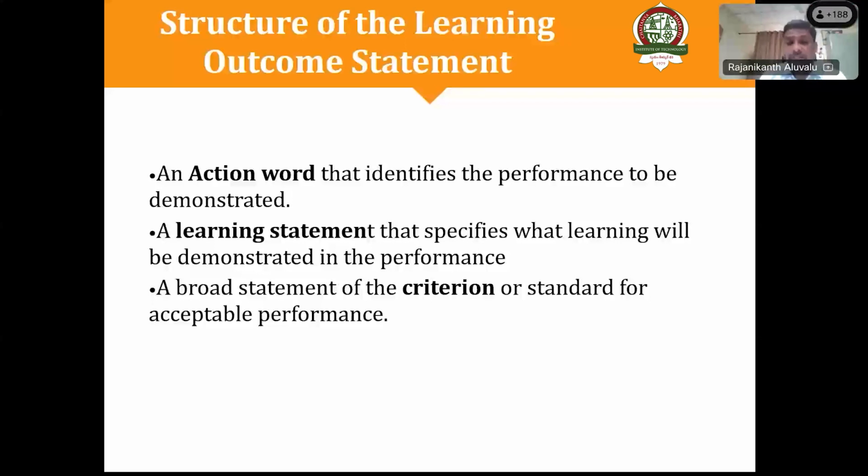And after that, of course, most outcomes look like an action verb and a learning statement, and most outcomes will miss an important aspect which makes an outcome effective, which we call the criteria. Criteria in the sense that yes, we want the student to get clear communication skills and implement them.